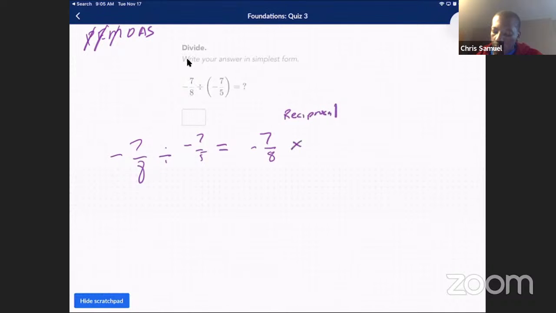Then we times 5, 7. Then this will be equal to 56, and this is 35. And then you have 35 over 56, because we multiply, and now we have to do the simplest form.